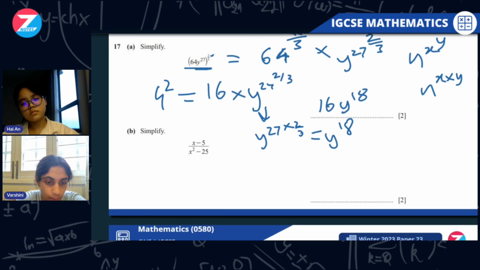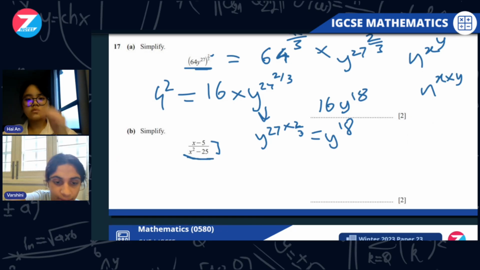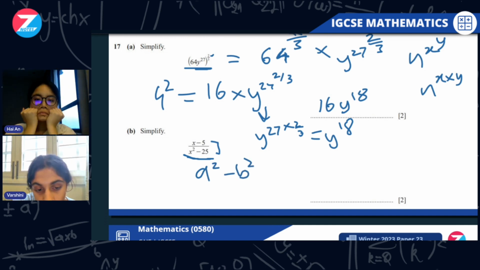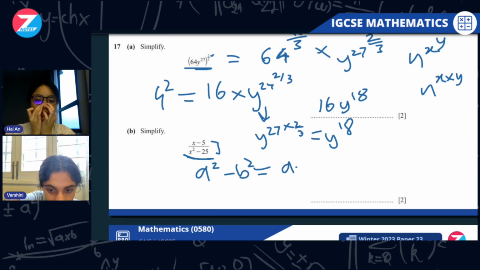Okay, part B, simplify. They've given us this fraction. So straight away we can see that the denominator looks suspiciously like a squared minus b squared. And we know from the formula that a squared minus b squared equals a minus b into a plus b.